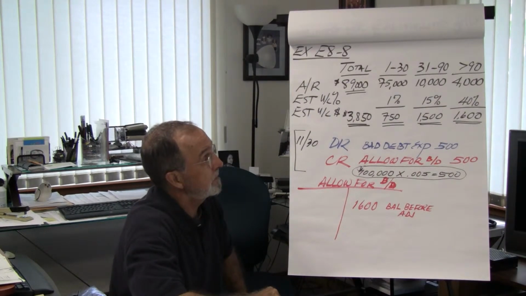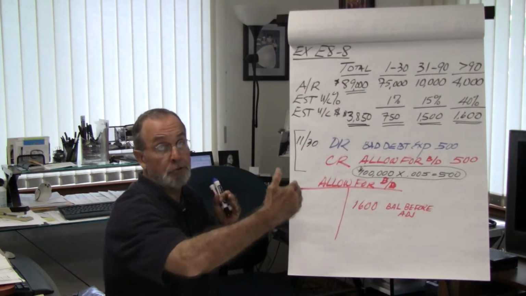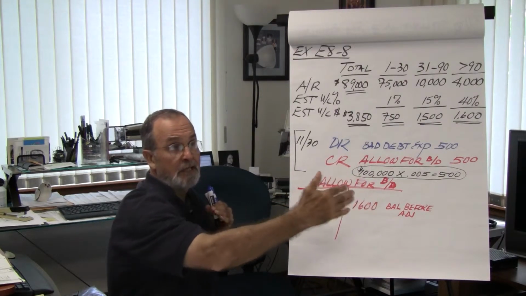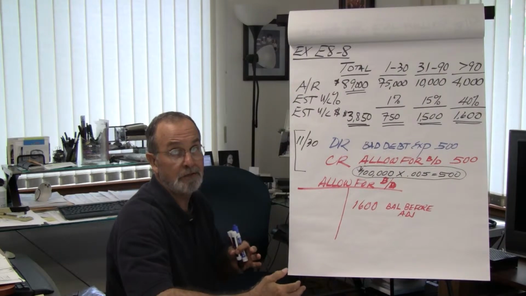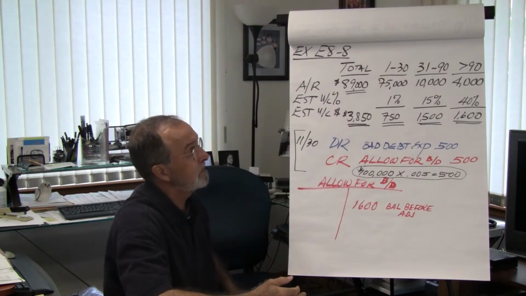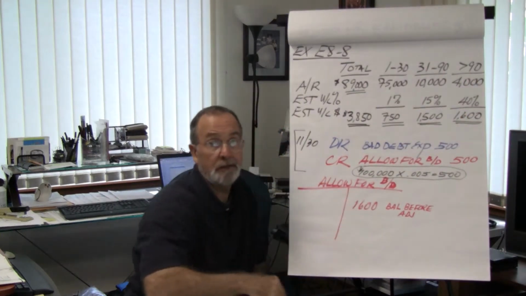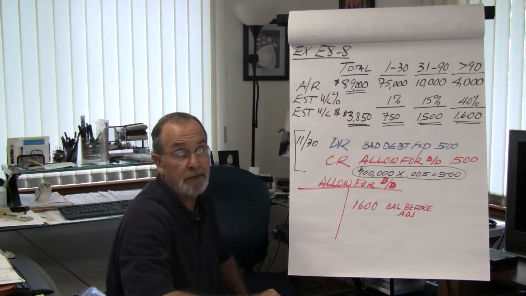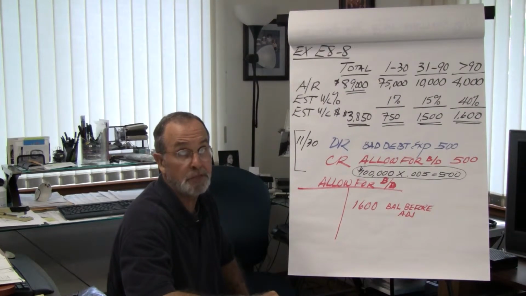And I think you can understand, it makes sense that the older an outstanding sale becomes, the less the chances that we will be able to collect on that sale. And so these percentages will tend to get larger as we move over to the right, and as those sales amounts become older.